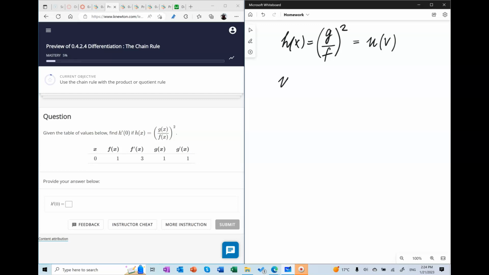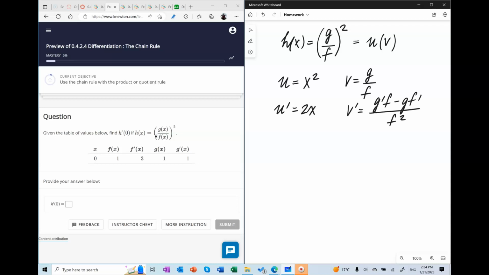Then my u as the external function has to be the square, and my v as the internal function, the one that goes in, has to be g over f. So the derivative of u is 2x, and the derivative of v is the quotient rule. So it's g prime f minus g f prime divided by f squared.